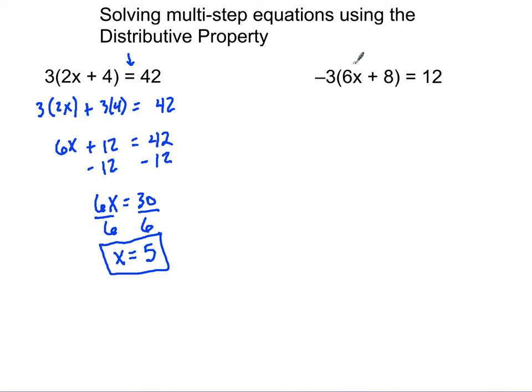All right. Next one here, we've got a -3 being distributed. So don't forget that you're multiplying by a negative. It'll change things. -3 times 6x, and then we'll have a -3 times that plus 8 equals 12. -3 times 6 rather is -18x, and then a -3 times a positive 8, sorry, is minus 24.